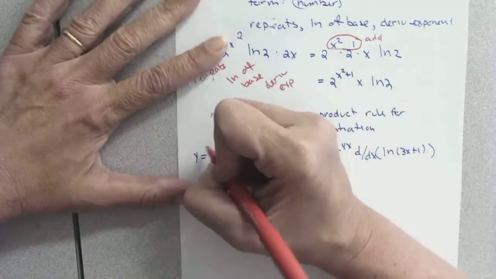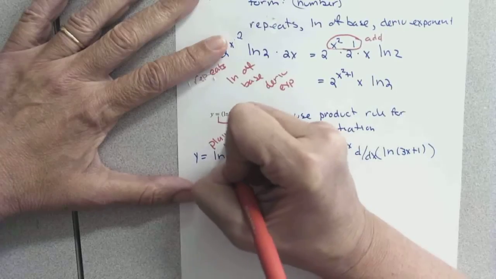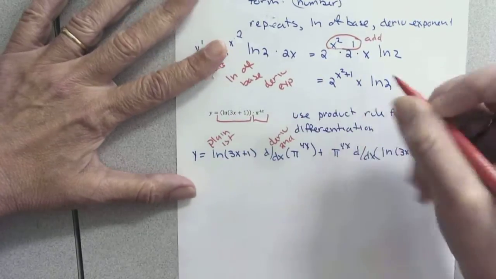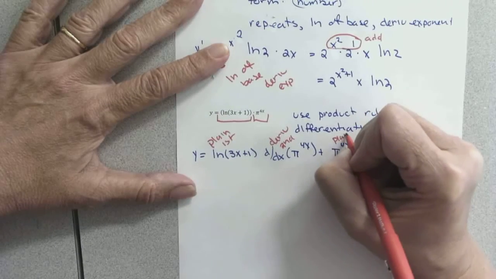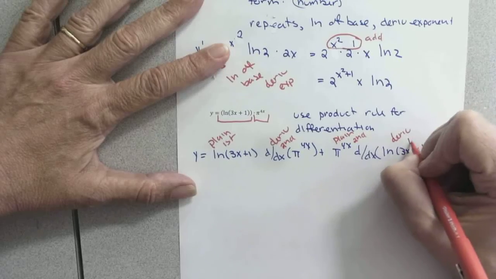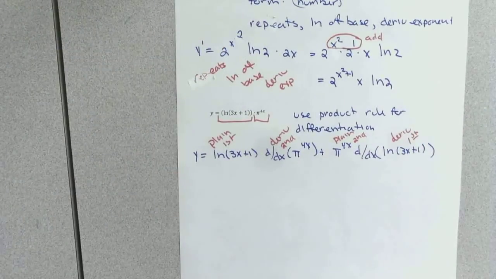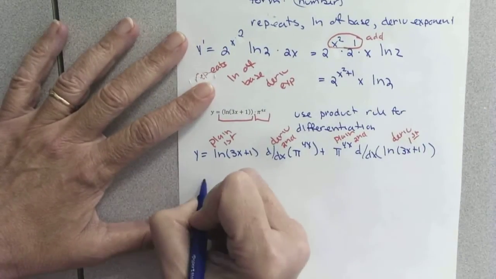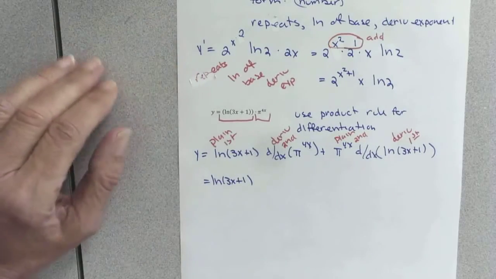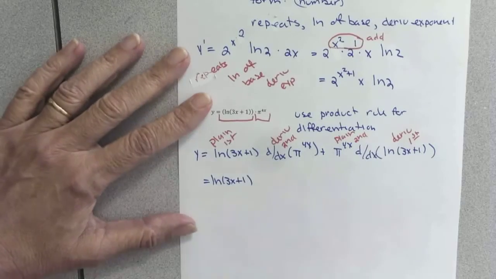Product rule. And again, you do not have to show this step, but it helps people learn the product rule. So plane first, I'm going to leave that alone. Derivative of the second. There's my new format.